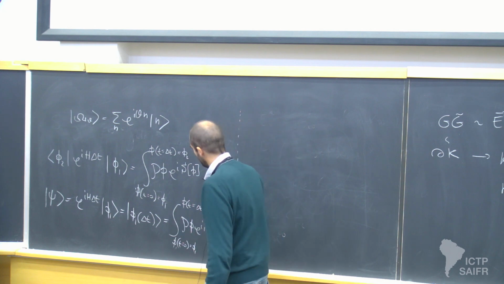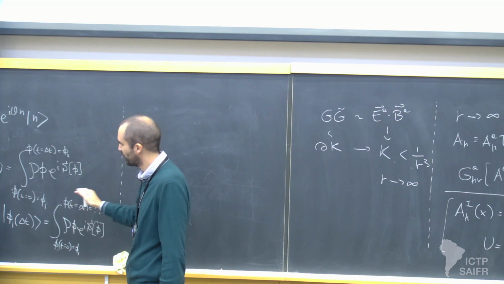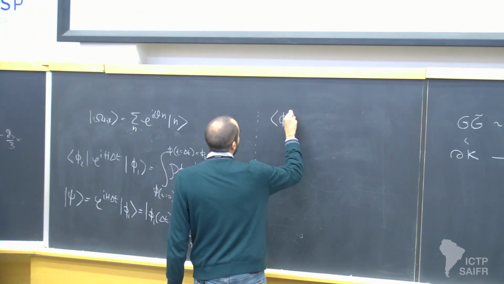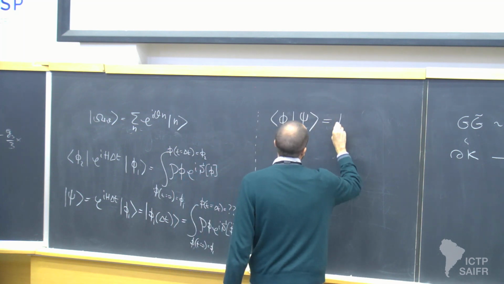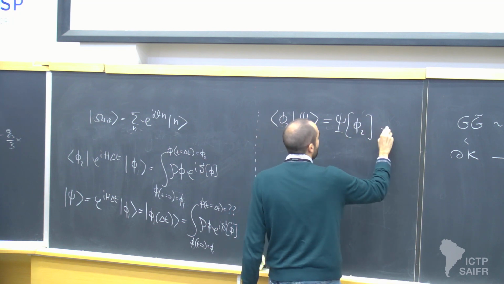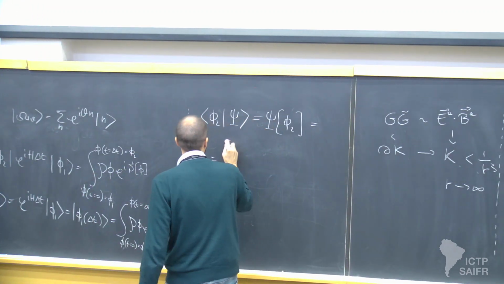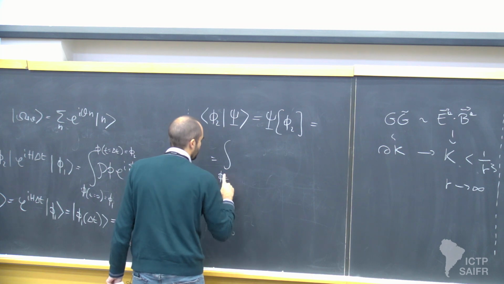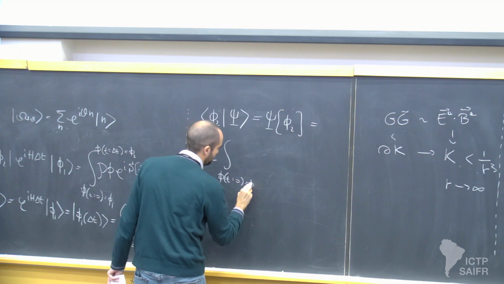But for our purposes, I want to say something much simpler: if you think about the path integral in this way, then you can also think about wave functions in quantum field theory, right? So you could call this a wave function in the sense that you give it a field and it gives you a complex number. And given what we just wrote down, this wave function is just the initial path integral, with the two boundary conditions that we had before.